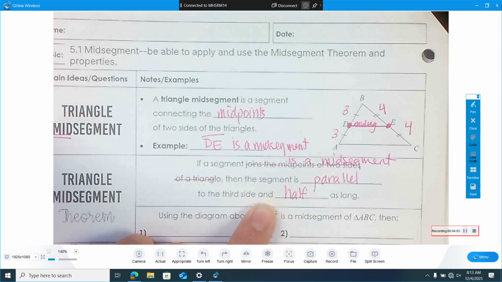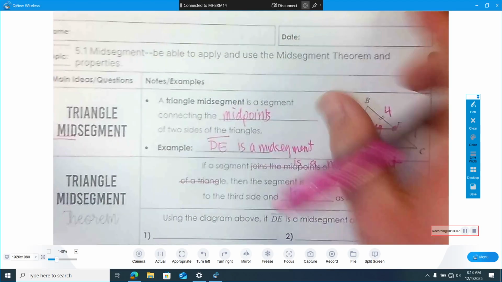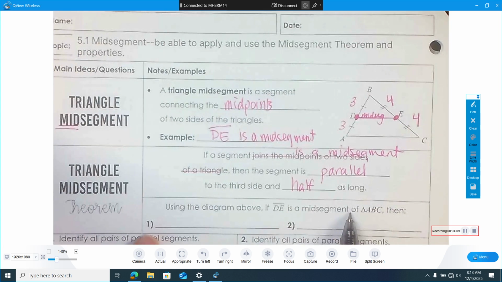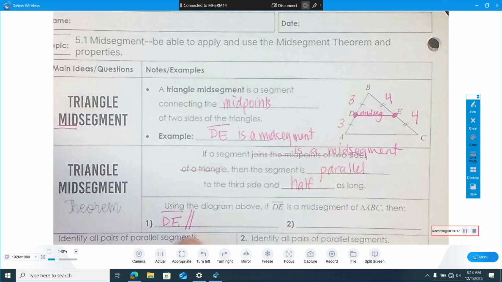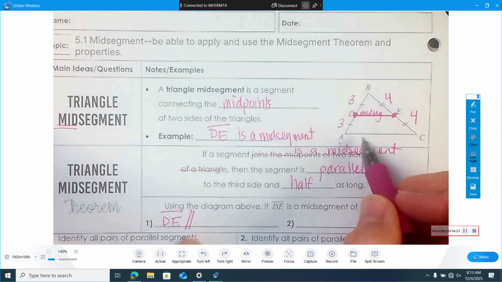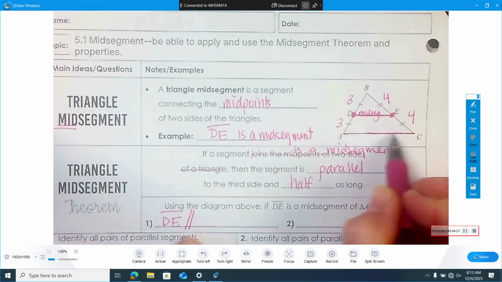These are the properties of a mid-segment. So in the diagram above, DE is a mid-segment. It turns out that segment DE is parallel to what? AC, yes. AC, the third side, the side that it doesn't touch.